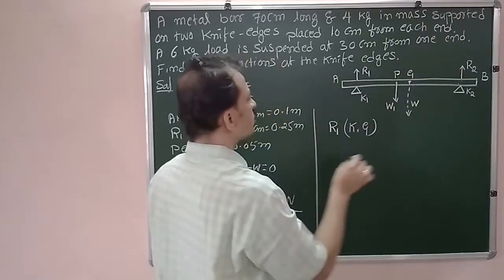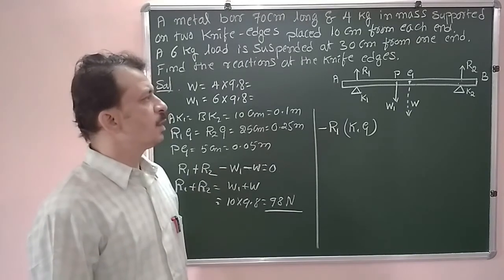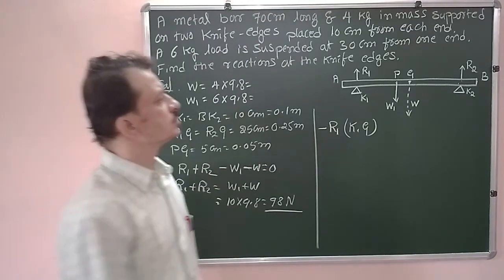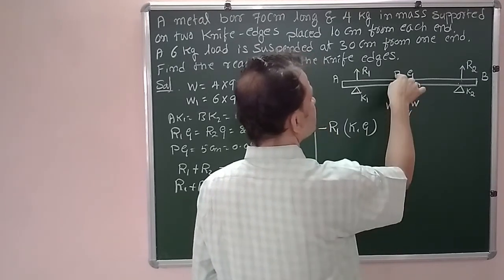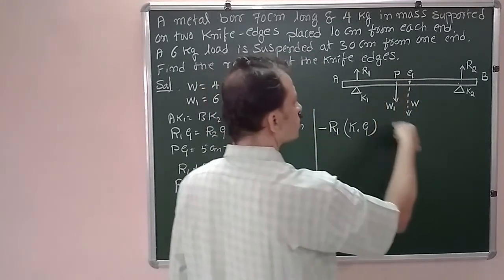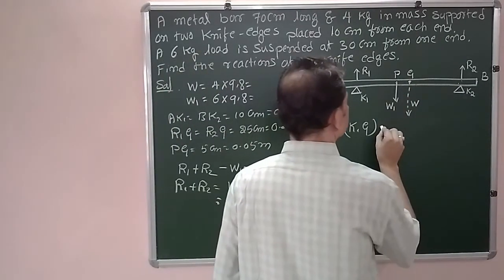Since it is tending to rotate in the clockwise direction, therefore it is minus. Now come to this force. W1 is acting downwards and it tends to rotate the bar in the anti-clockwise direction.